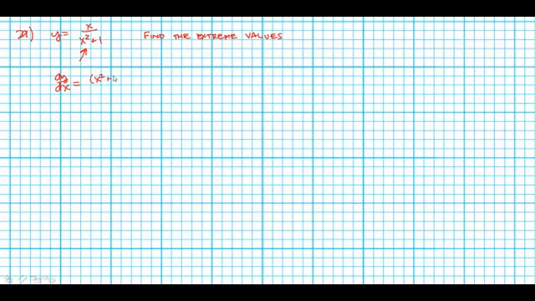We have bottom times the derivative of the top minus the top times the derivative of the bottom, all over the bottom squared. Cleaning this up, we get x squared plus 1 minus 2x squared all over (x squared plus 1) squared, which is going to get us 1 minus x squared over (x squared plus 1) quantity squared.